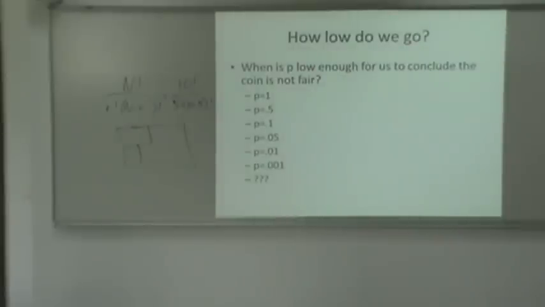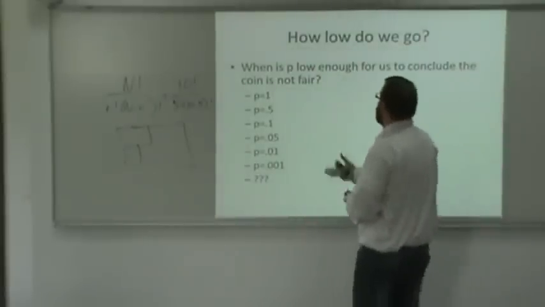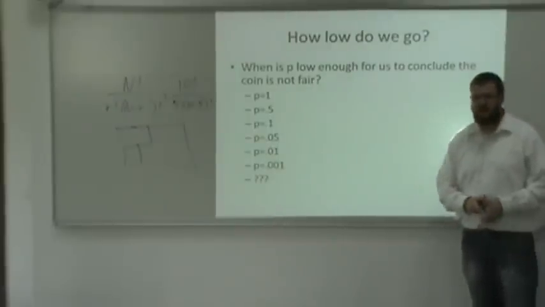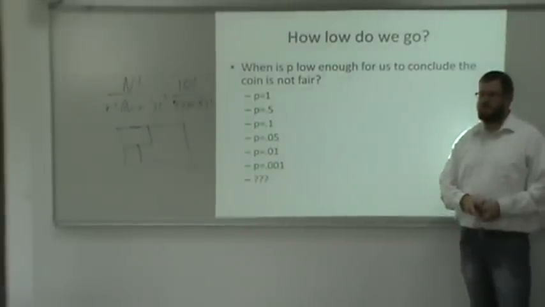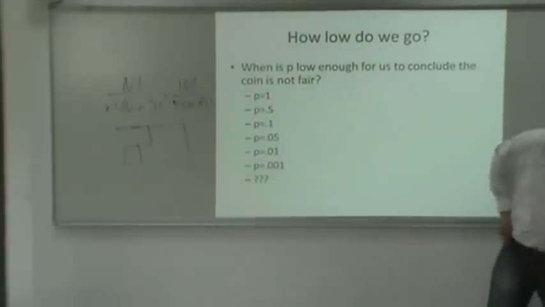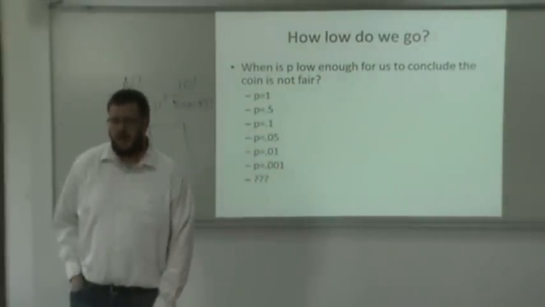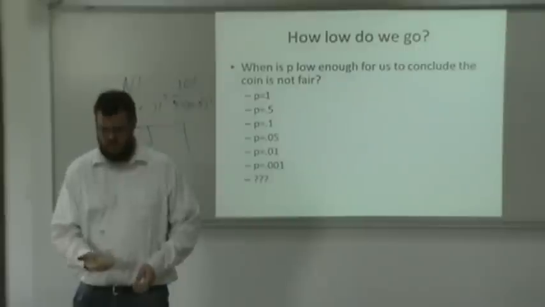All right, so how low do we go? This is an interesting question. When is the p-value low enough for us to conclude that the coin is not fair? Imagine I flipped the coin 10 times, right? And it came up heads every single time.